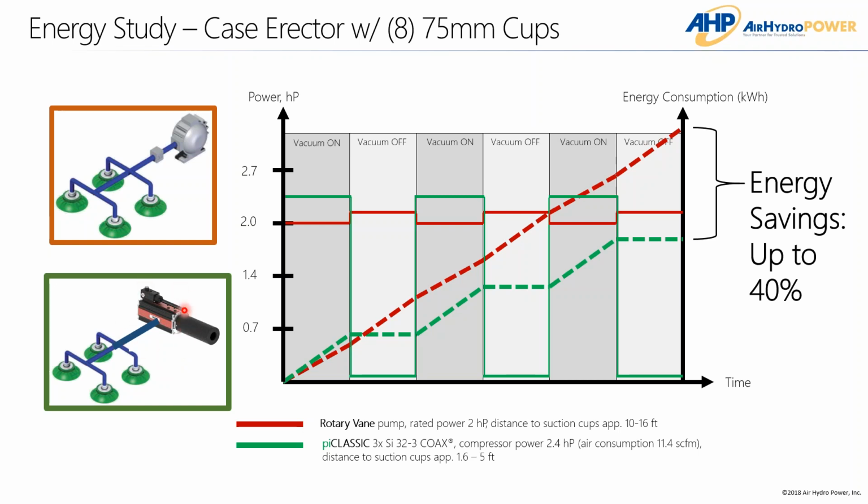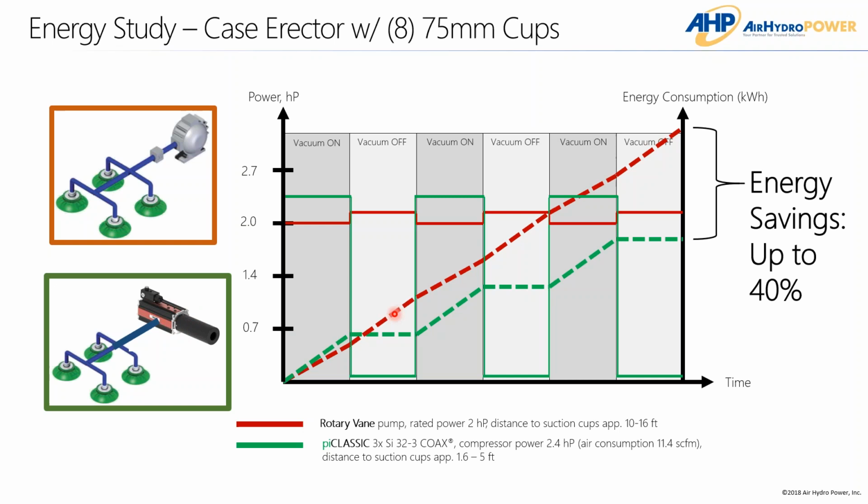The biggest benefit with the compressed air style is that, since you're getting that reaction as soon as you apply the compressed air, we have the ability to shut off that vacuum when you don't need it. While with mechanical pumps, typically you've got to be running them during the whole process to be able to react quick enough, you can turn these compressed air driven pumps off when you don't need it.